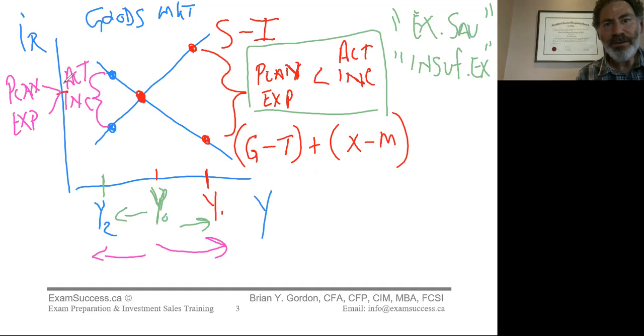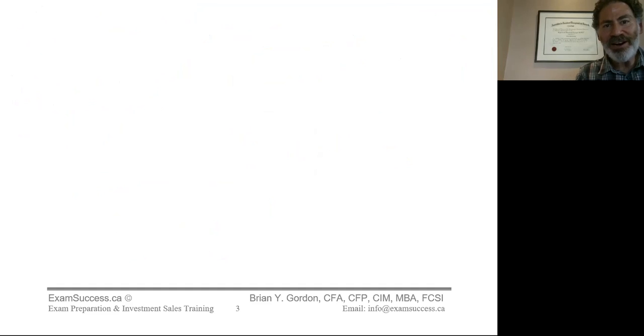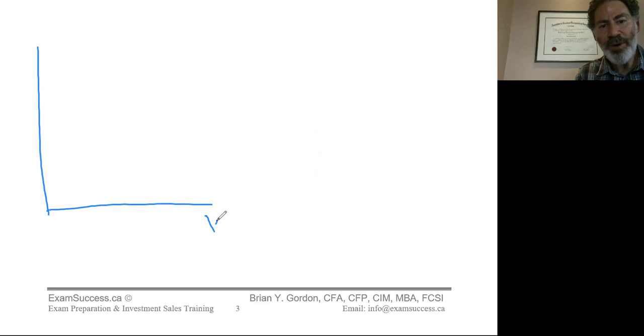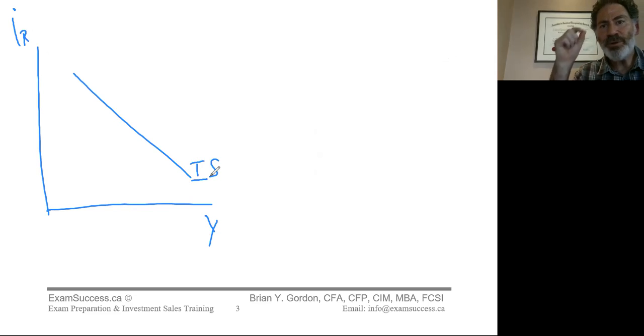And one other element to this. This is not the IS curve. If I clear this off and put up this graph, now I've got output and interest rates. You could call this real interest rates, doesn't matter. The IS curve is a downward sloping curve that shows a relationship between interest rates and income.